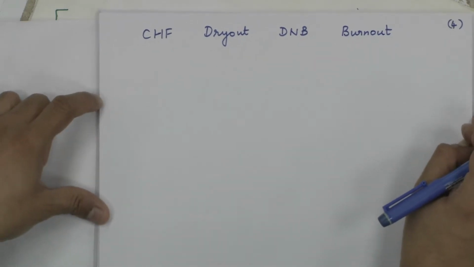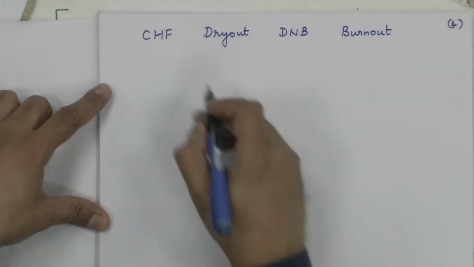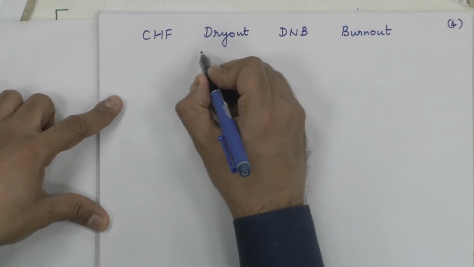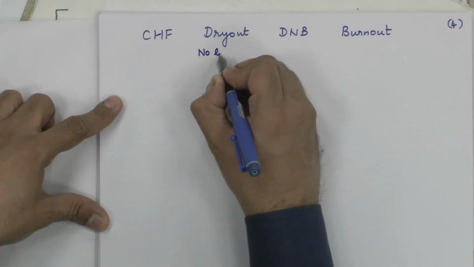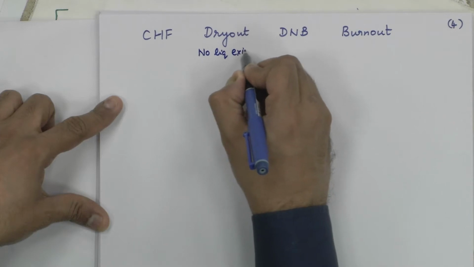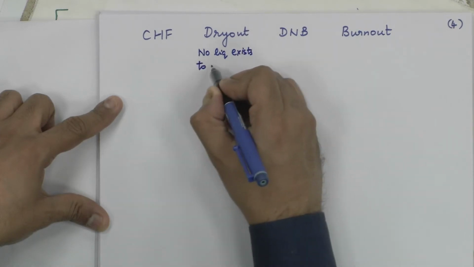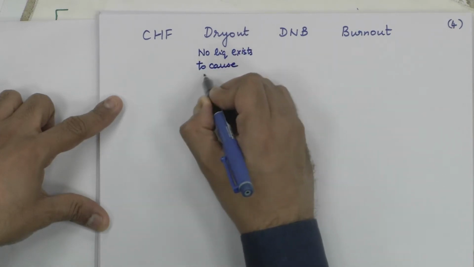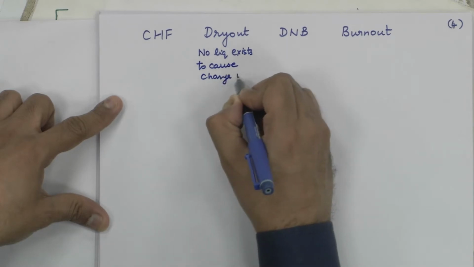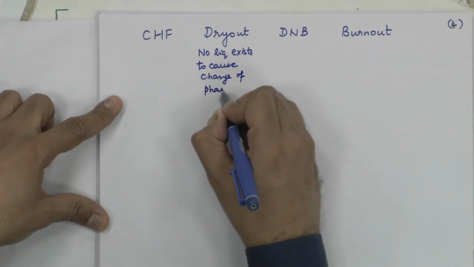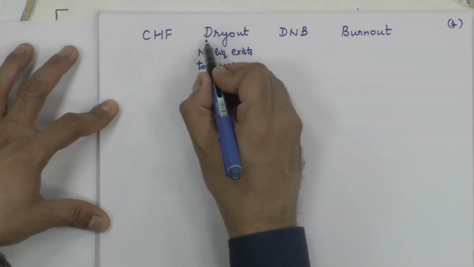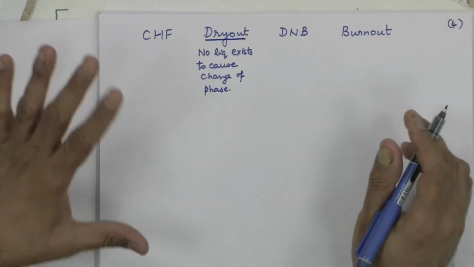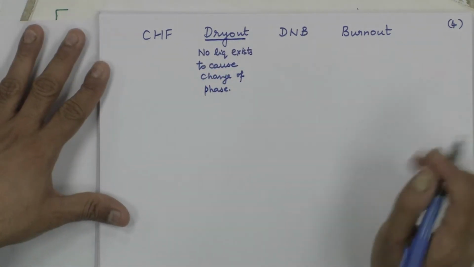Unfortunately, we will just try to get a perspective on what each of these is. Dry out, we said, is where no liquid exists to cause change of phase. So, you do not have any more inventory, therefore, we have a situation called dry out. The surface is dry.